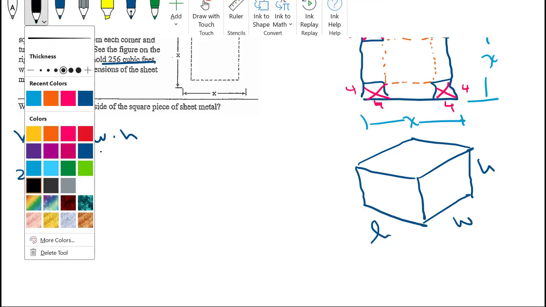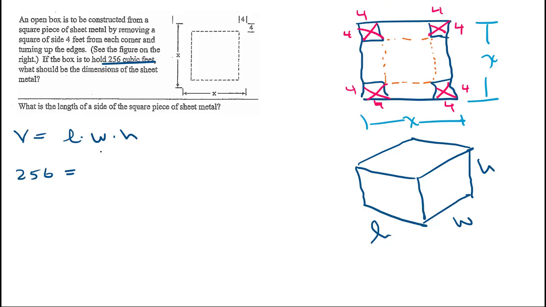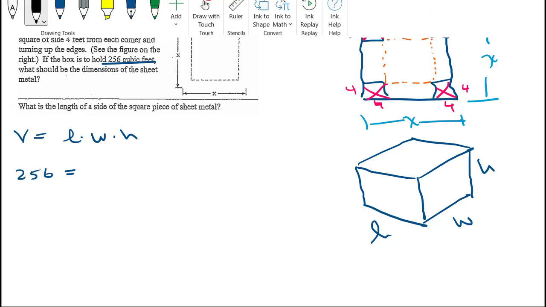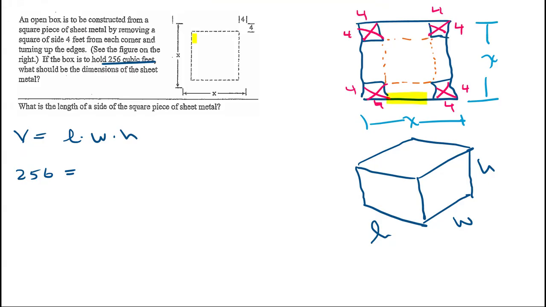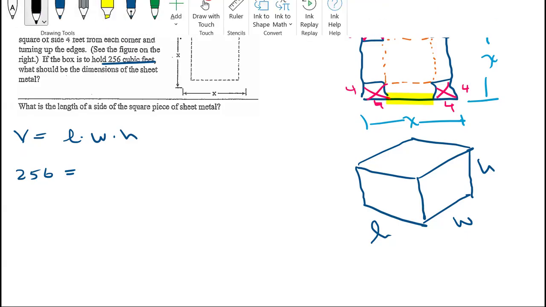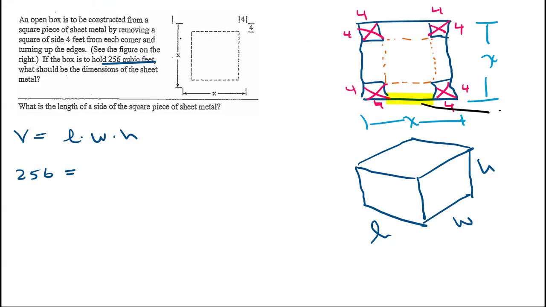So I'm talking about this part right here. Use a different color. Maybe highlighter. So what's this edge going to be? Well, the whole thing is X, and I'm cutting out 4 feet from each end. So that means this part here is going to be X minus 8. Which corresponds to this right here, where the box was cut or folded.